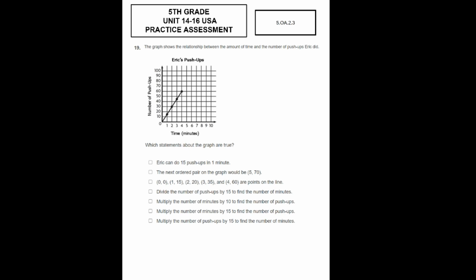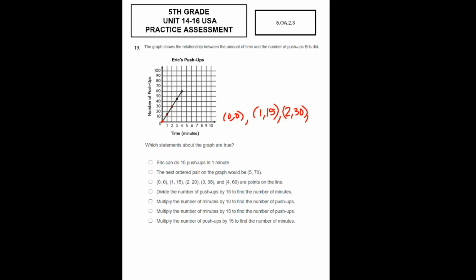So this first one is obviously at the origin, which is at 0, 0. The next one is right here. It looks like it's between the 10 and the 5. So I would say 1, 15. So that's 1, 15. This next one would be 2, 30.